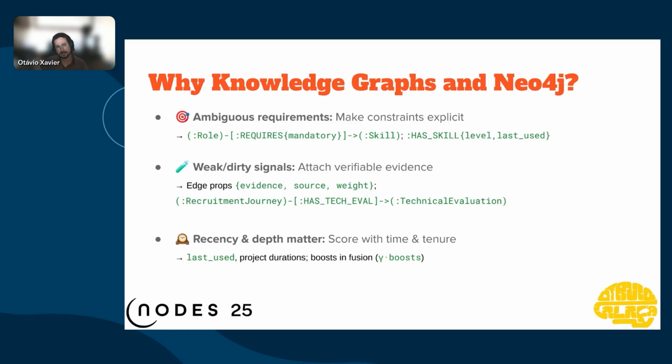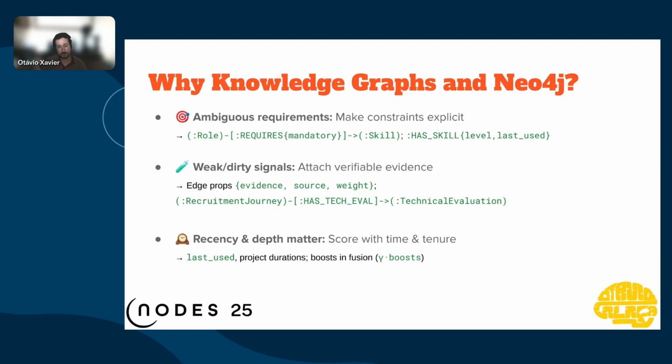In the case of the ambiguous requirements, we can structure the data inside the graph in a way that it will be easier to filter by requirements, even when it's mandatory or optional, things like that. About the weak signals, one thing we can do is to bring the evidence inside the graphs and try to create the paths with those evidences.